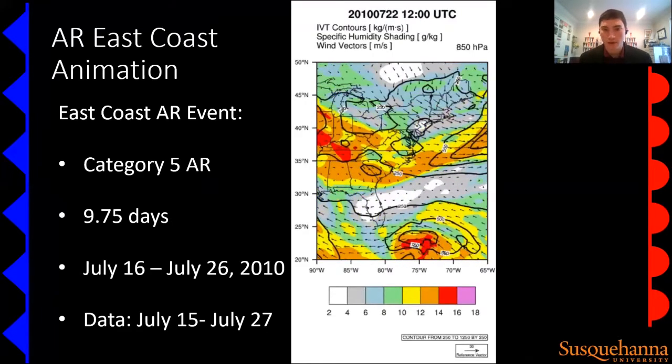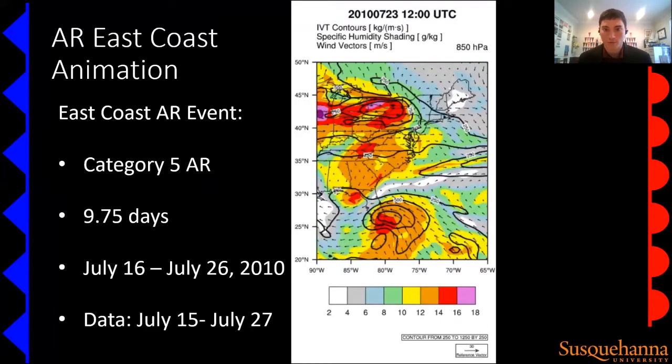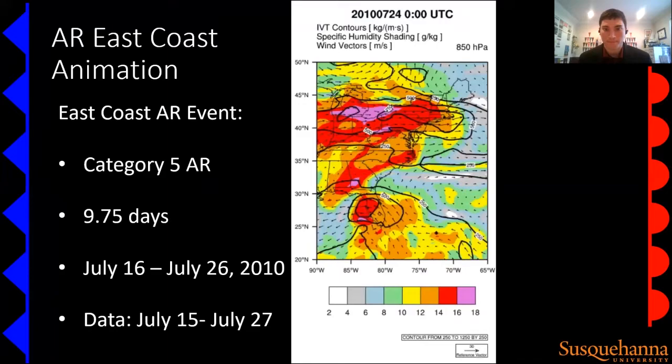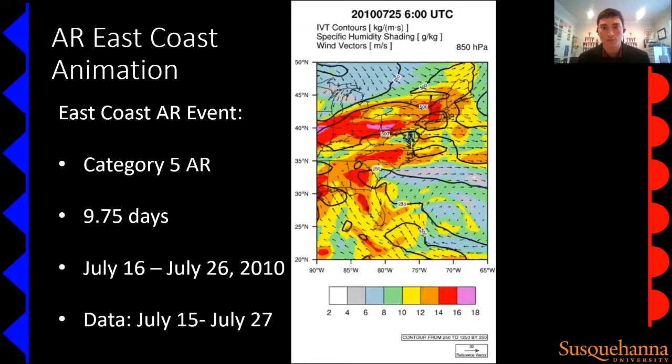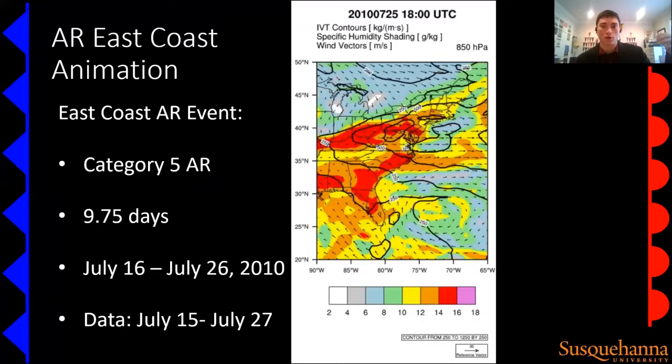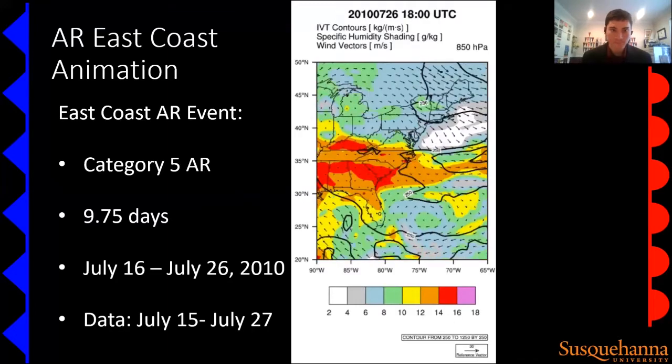And this isn't to say that an AR can't draw its source from a southern region, but rather it's more frequent for an AR to occur from west to east, in this case during the summer months.